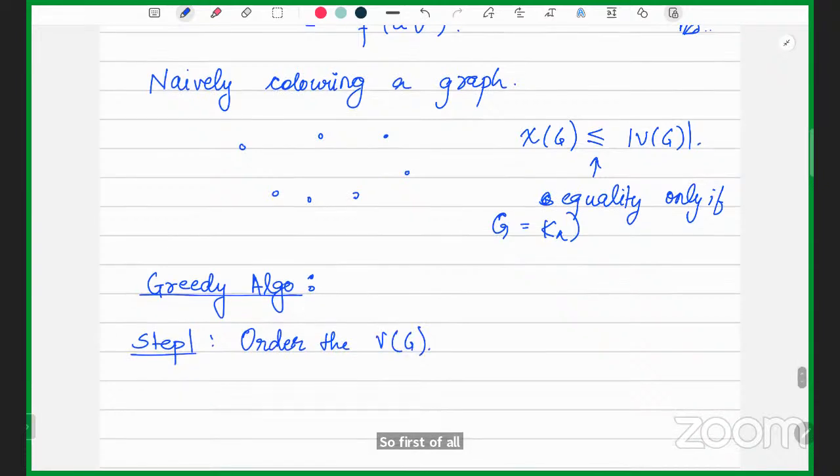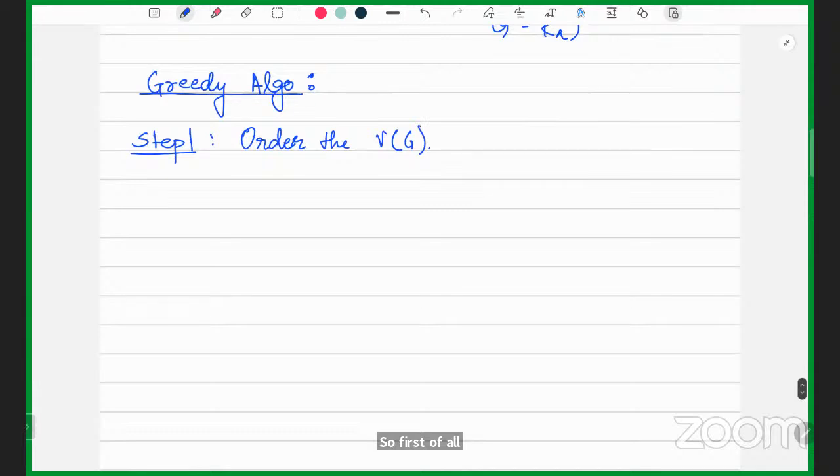Give some labeling to each and every vertex of your vertex set. Call some vertex first, second, third, and so on, the last. In step 2, color V1 with, let's say, C1. Okay, color of V1 is C1.